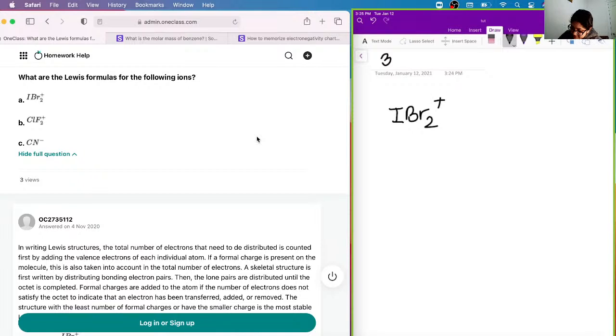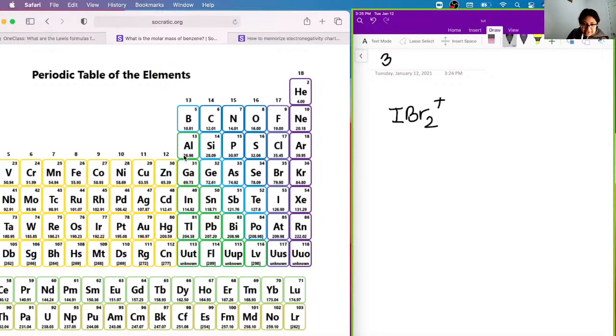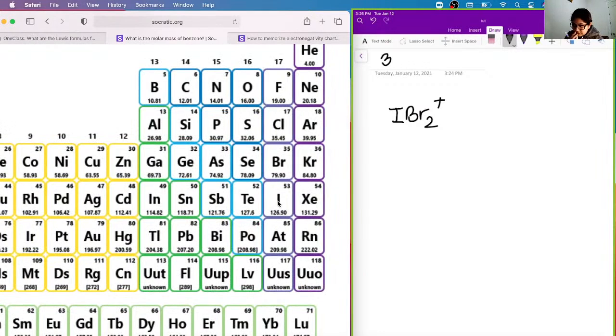Okay, well, this is a positive, and so what we have to do is find the total number of electrons. So we have iodine. Where is iodine? Okay, so iodine is right here, right? Iodine is in group 7, so we know that it has 7 valence electrons.